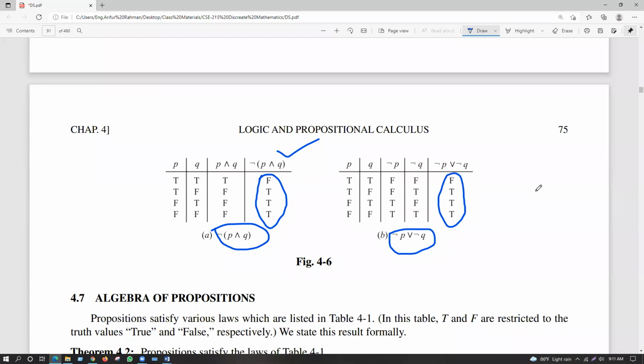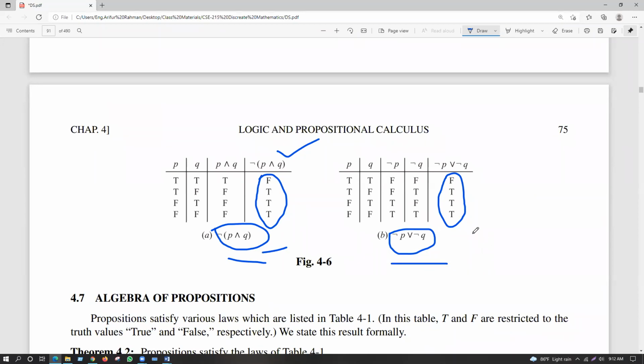They have the same truth values in the last column. So we would say these two expressions are logically equivalent. And this is exactly De Morgan's law.